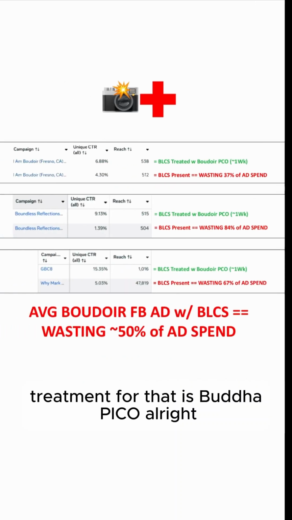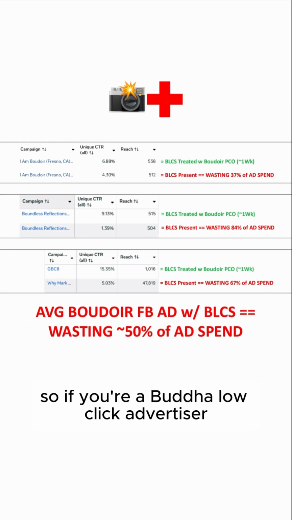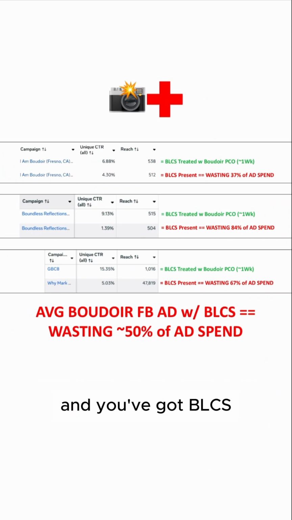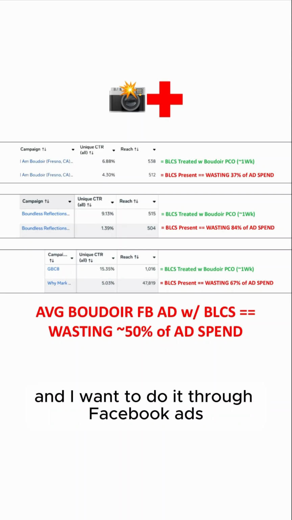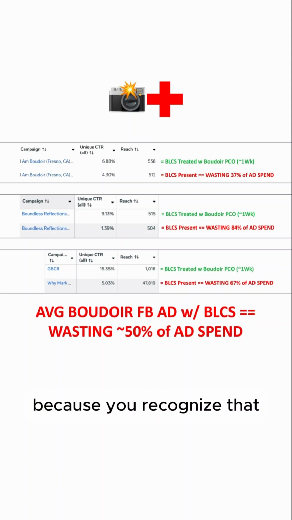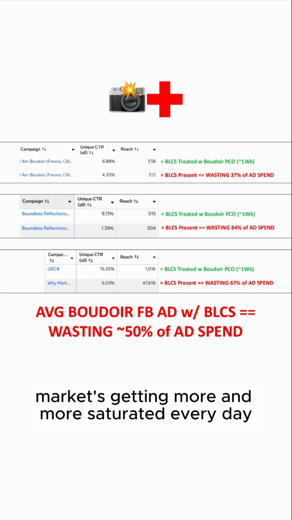Boudoir Pico. All right, so if you're a Boudoir low click advertiser and you've got BLCS and you've decided, hey, now's the time, I need to pull some more profit out of my business. I don't want to do it through Facebook ads because you recognize that Boudoir market's getting more and more saturated every day.